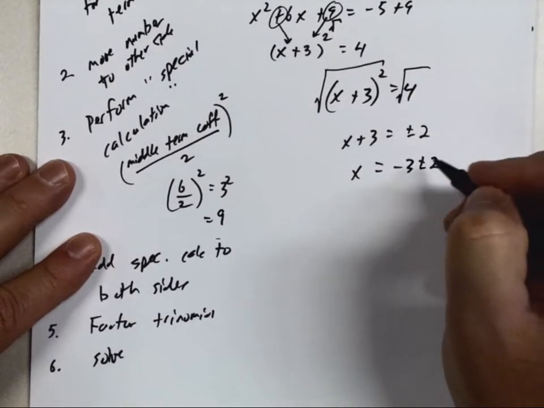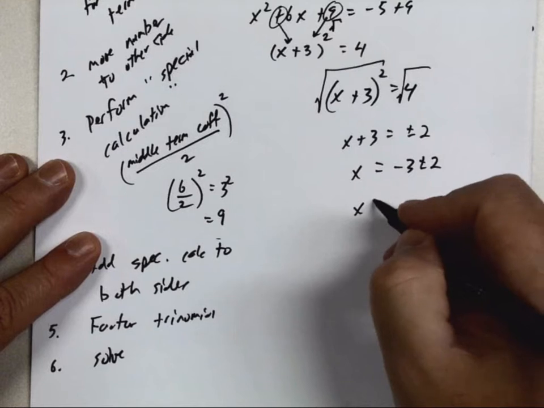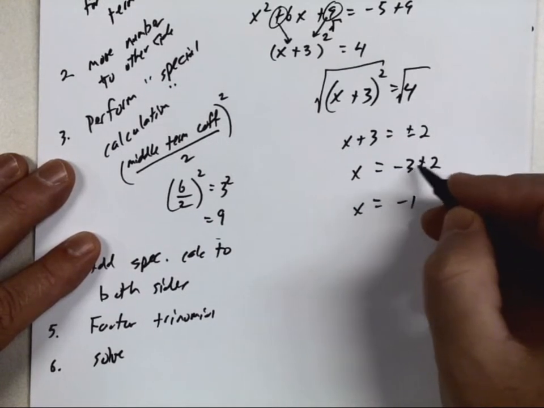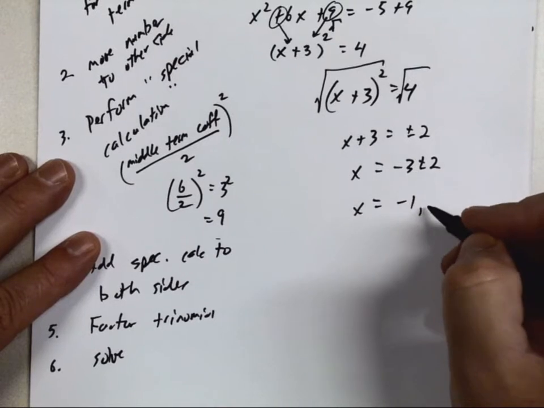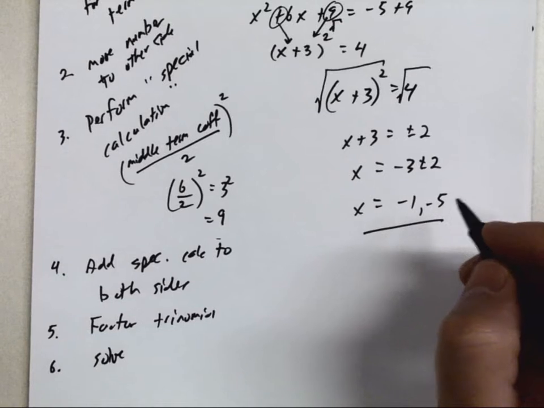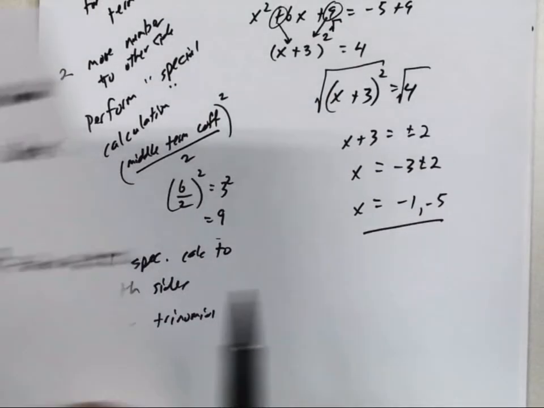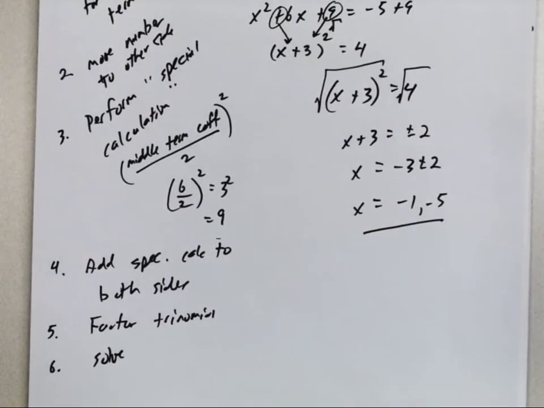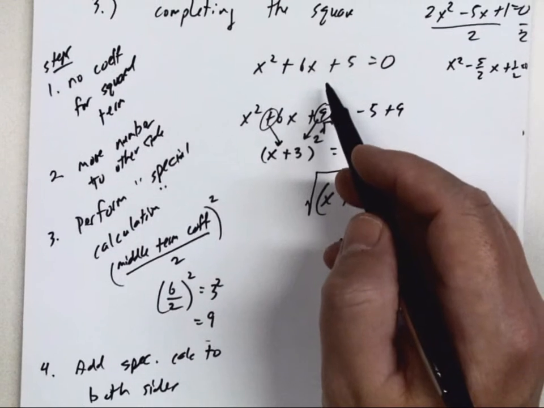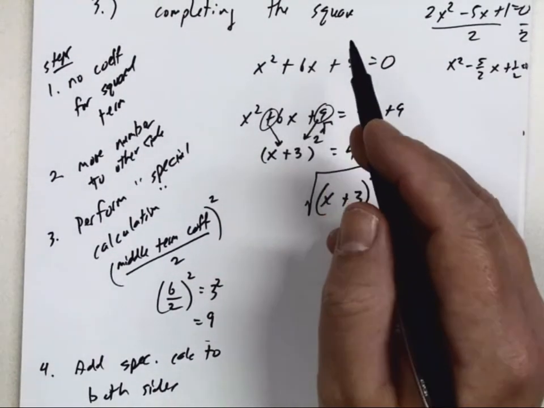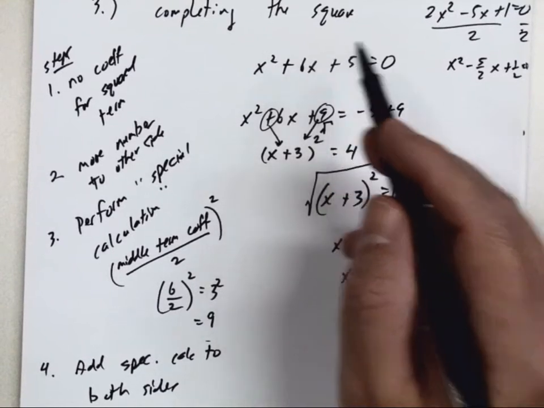So if I subtract 3 from both sides, 2 solutions: negative 3 plus 2, negative 3 minus 2. And if we look, when I factored, what were my solutions? Same thing. So this is actually a trinomial that factored, but I wanted to show you how to solve it using completing the square.